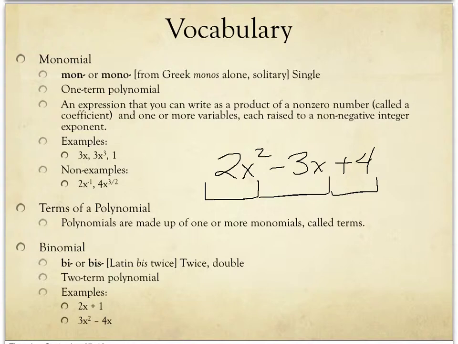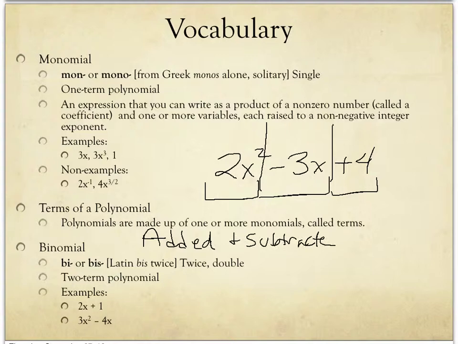So 2x squared ends there because we run into a minus sign. That's our cue that we've ended a term. When we run into another plus sign, that helps divide negative 3x into its own term. So terms are things that are added and subtracted together, and they form polynomials.